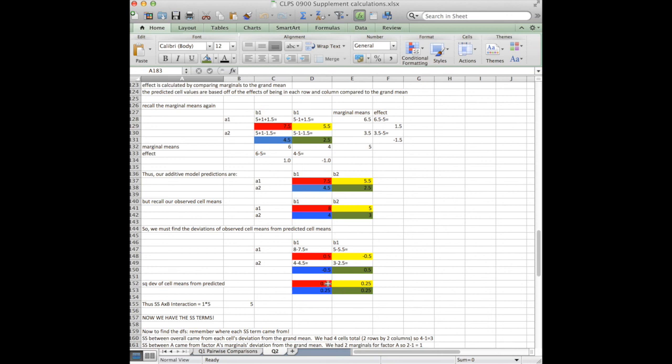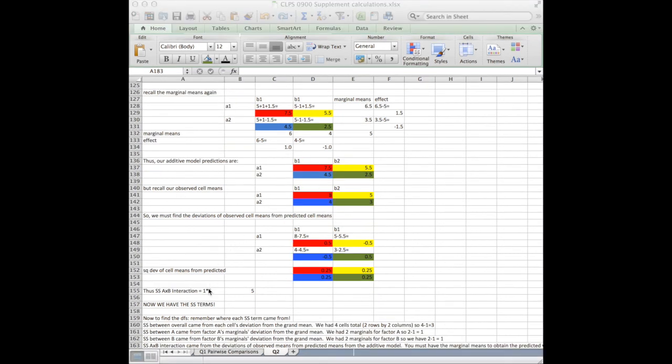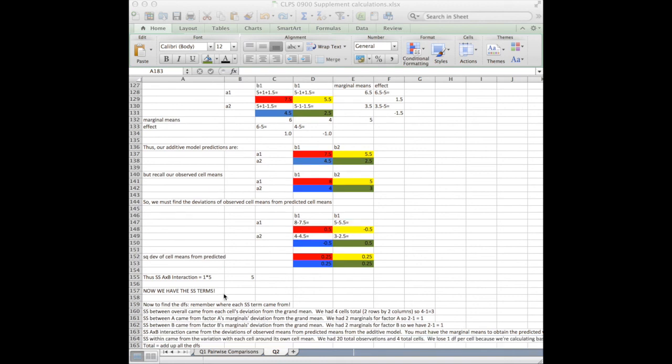When we sum all of that, it's 1 times 5, which is the n per cell. Remember that each cell in the original data set had 5 terms. So 1 times 5 gives you 5. And with that, now you have all of the sums of squares terms.